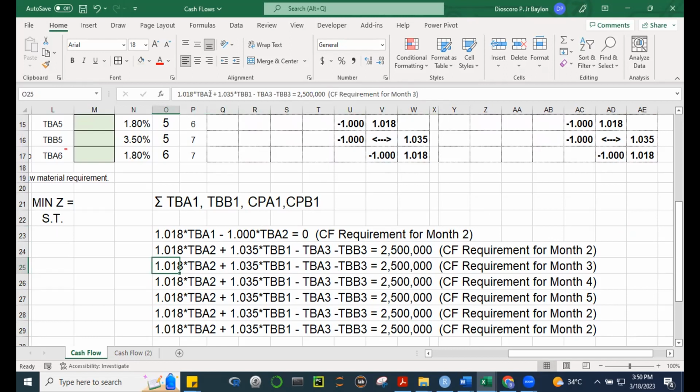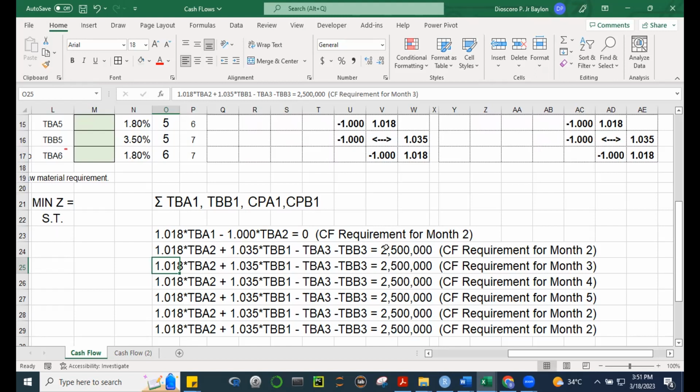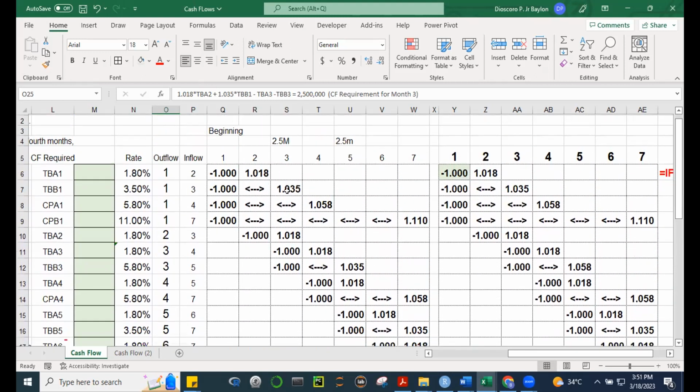1.018 times TBA2 for month 3. 1.035 times TBB1, right? TBB1. And 1.018 times TBA3.